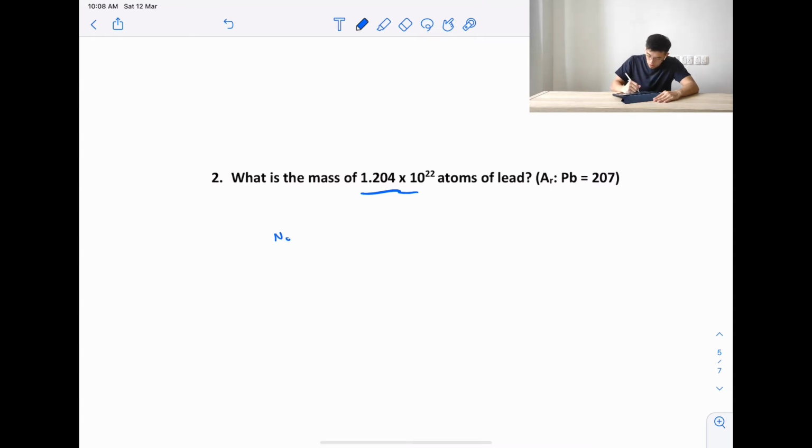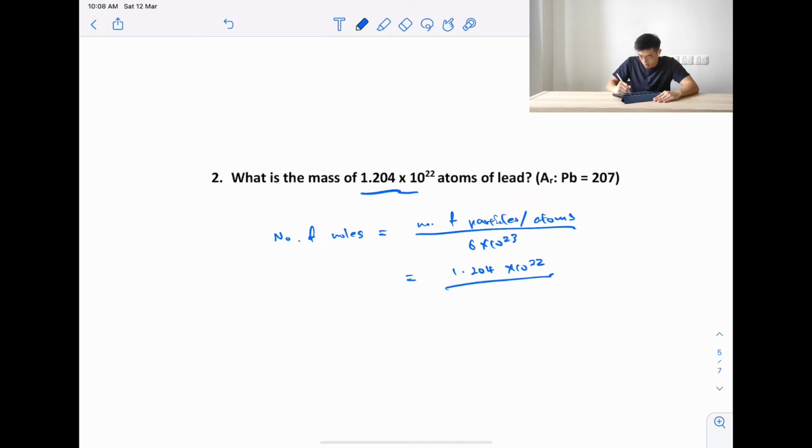The number of moles is equal to the number of particles or atoms divided by Avogadro's constant. So in this case, it's 1.204 times 10 to the power of 22 divided by 6 times 10 to the power of 23. So in this case, we'll get 0.02 mole.